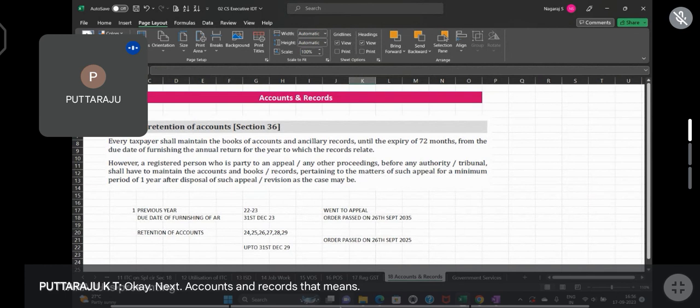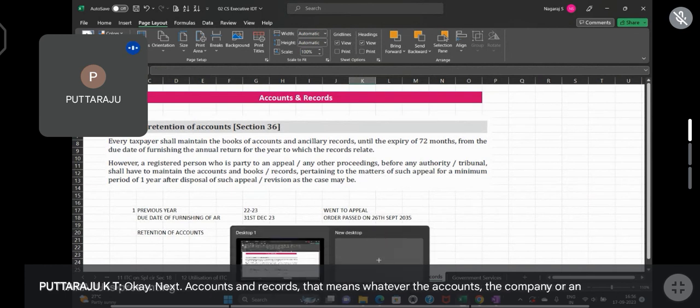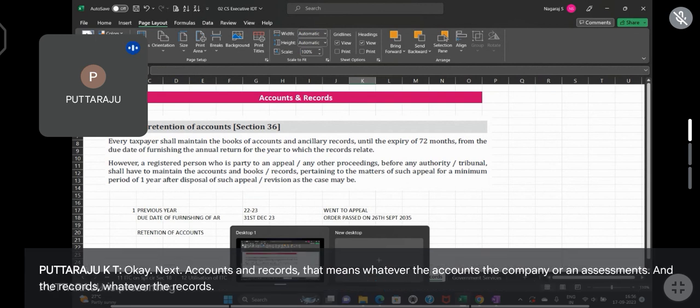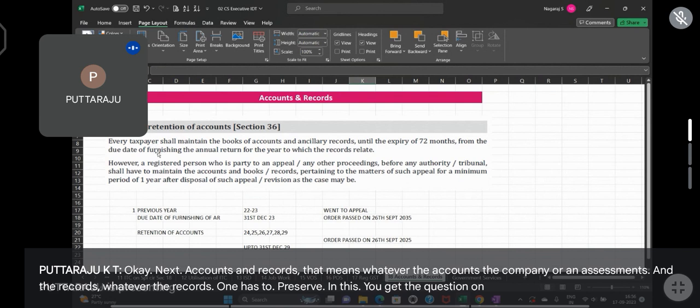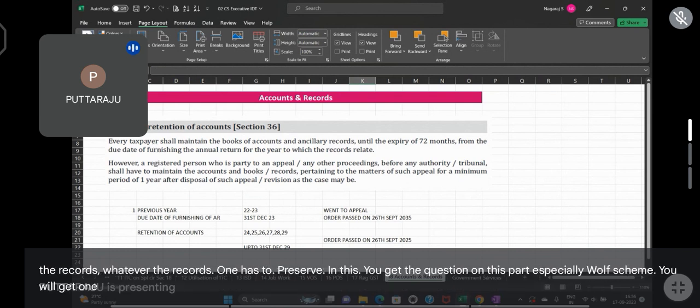Accounts and records means whatever accounts a company or assessee maintains and whatever records one has to preserve. You get one question from this particular section.